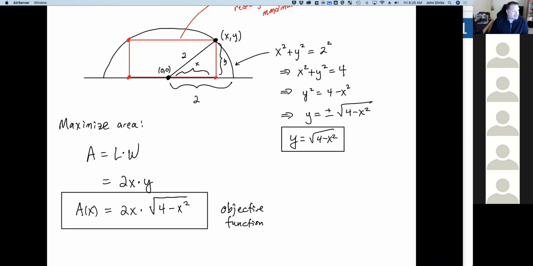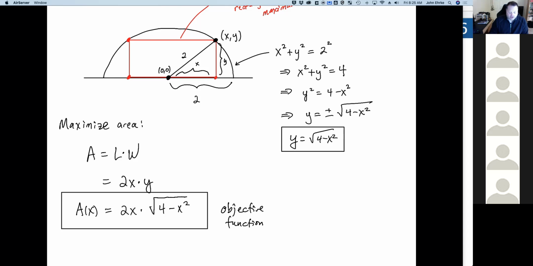For instance, can x be 2? Technically it can, but you get a rectangle having 0 area. So it's clearly going to be a minimum.